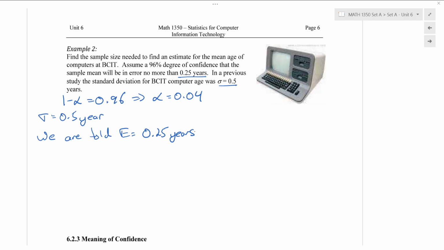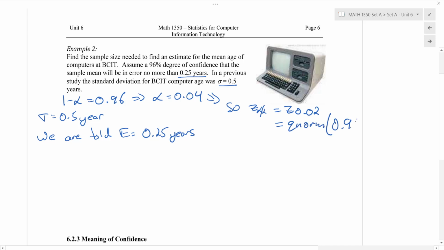Then you can determine for yourself how many N you're going to need to go out and sample in order to achieve this E. One thing we do need to compute here is we need to find, given our alpha, Z alpha over 2, or Z of 0.02. We can do that, of course, using qnorm. Let's supply 0.98 in here, and that gives us about 2.05.